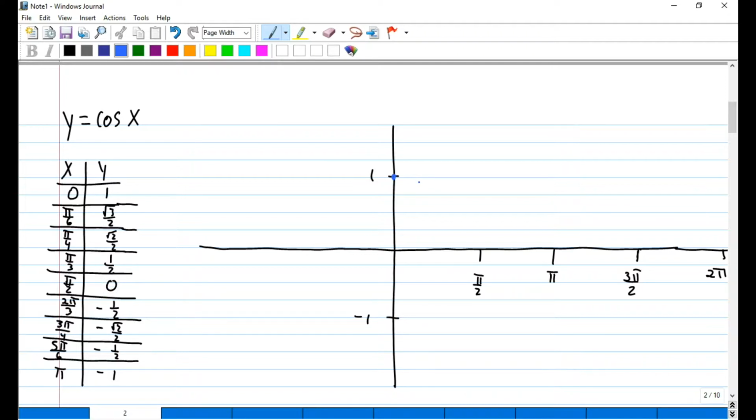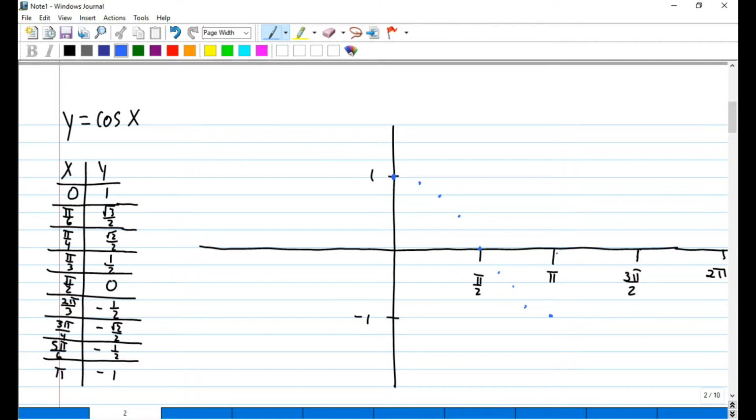So they start to go down, down, down, down. Okay? And then these negative values continue. The graph continues to go down until we get to pi. It's -1.